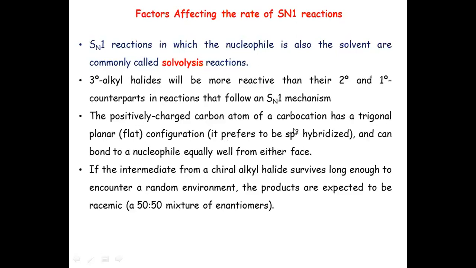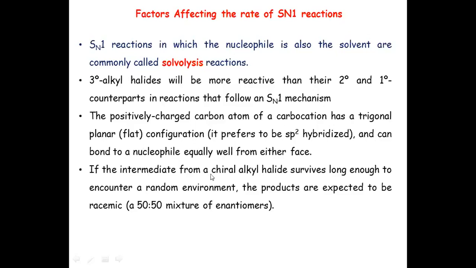Just like we have seen, it is sp2 hybridized, and therefore the nucleophile can approach this carbocation equally from both the sides. Which both sides are we talking about? We are talking about the side of the leaving group and the opposite side of the leaving group. Both are accessible whenever you have a flat intermediate.